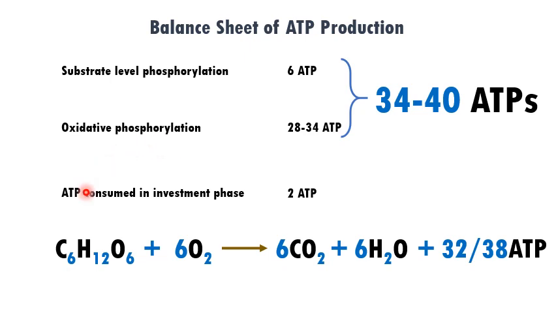So ATP will be utilized in these investment phase reactions. Such two ATPs are getting utilized. So whatever comes, we have to finally subtract two ATPs from the overall yield. So at the end, our results may say that for 1 mole of glucose, the cell produces 32 to 38 ATPs.